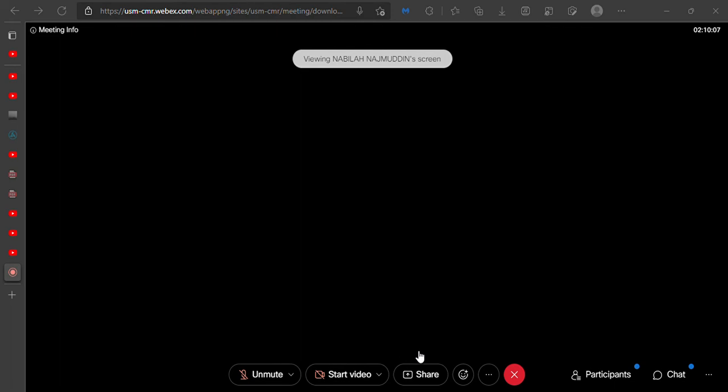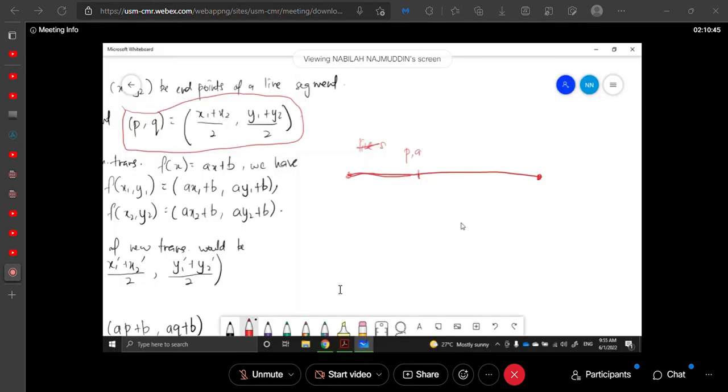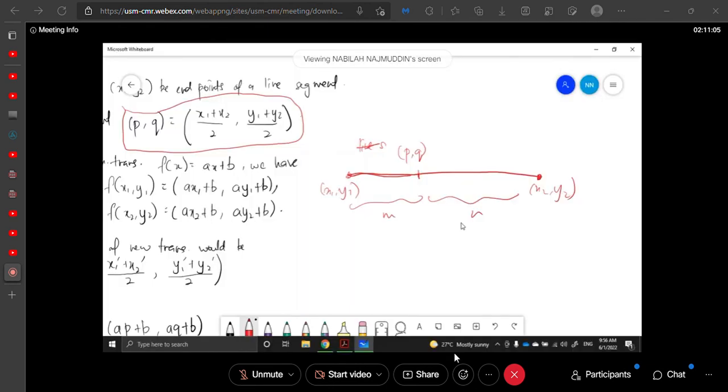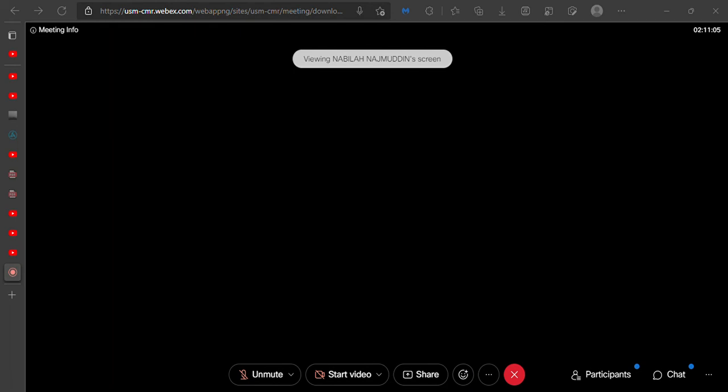But if you have a line segment with a ratio here, let's say this is PQ, and then this is X1, Y1, and this ratio, let's say it is m and n, then point PQ actually is m x1 plus n x2 over m plus n, and m y1 plus n y2 over m plus n.